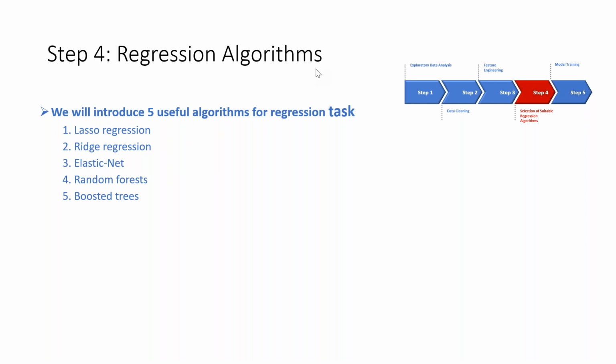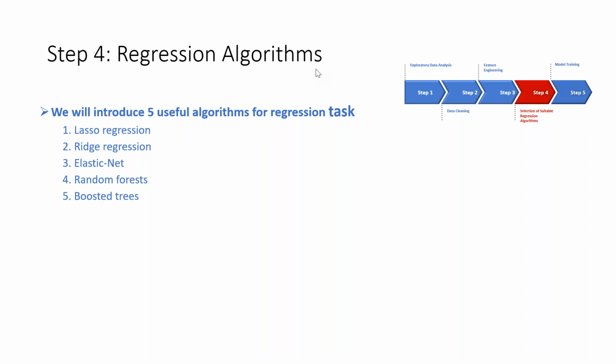But right now, because we are solving regression, we will review 5 good regression algorithms. So first one is lasso regression, second one is ridge regression, third one is elastic net, fourth one is random forests, and fifth one is boosted trees. These are the 5 algorithms we will use in our project.